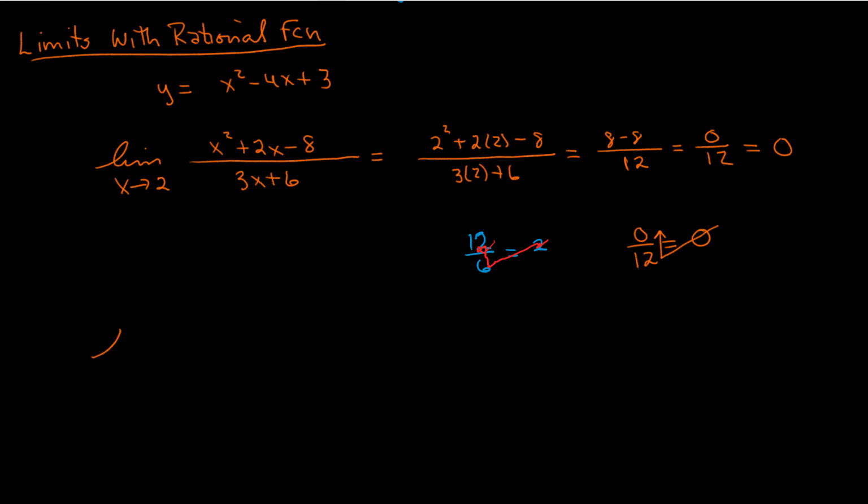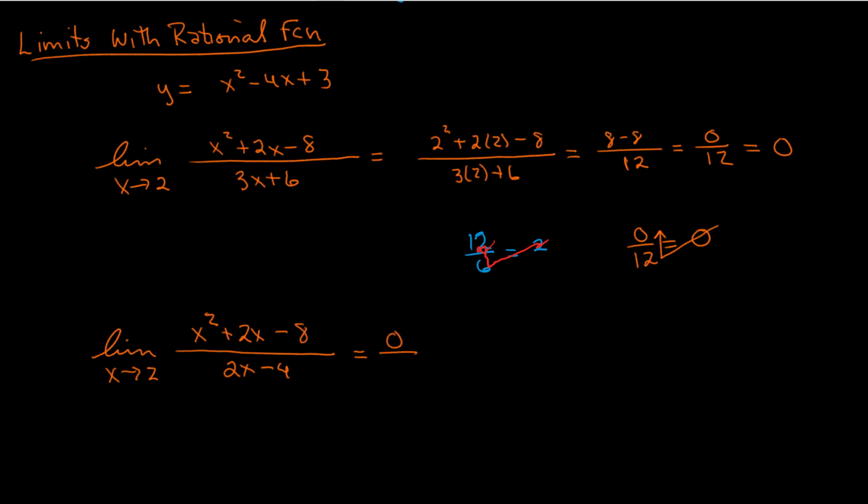Suppose the limit's a little bit different. Let's say we have the limit as x approaches 2, and our function is going to be something like x squared plus 2x minus 8. Hey, we've seen that before, over 2x minus 4. Well, if we try substituting in 2, we know the numerator is going to be 0.